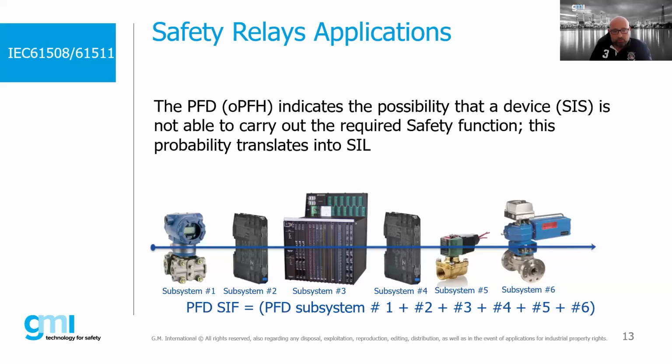These variables, from and to the final element, passing through barriers and relays, are managed and interpreted by the brain of the SIS, which is the PLC or the DCS system, which decides what kind of action is necessary to make and maintain the plant in a safe state.